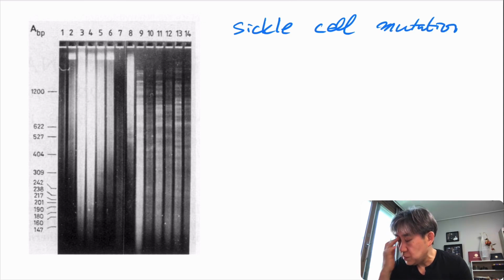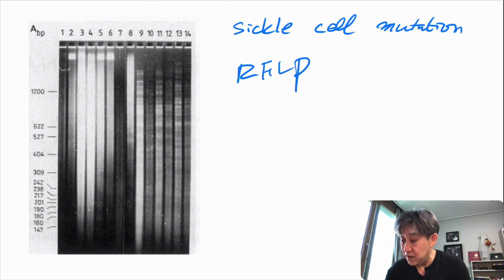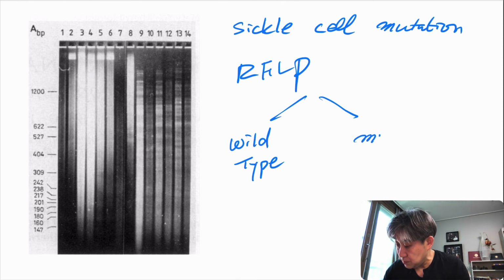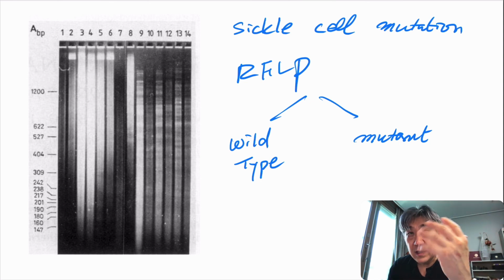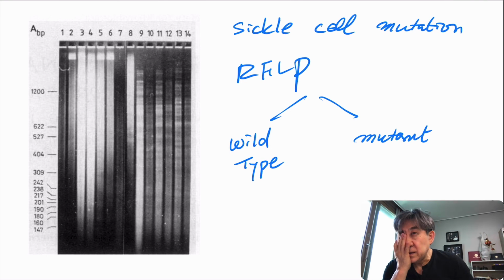In order to identify this RFLP between the wild type individual sample and the mutant, how do you distinguish them? In the wild type, you are supposed to have 3 DNA fragments cut with that particular restriction enzyme, whereas in the mutant you have 2 fragments.